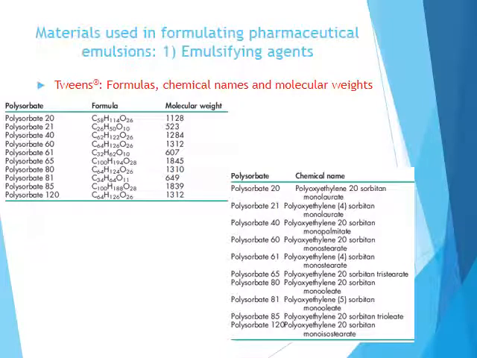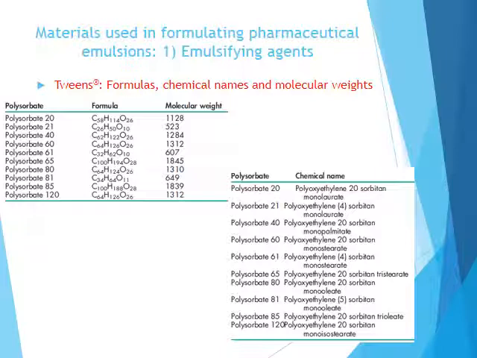This slide is showing two tables. The first table is the molecular formula and the molecular weight of the different polysorbates or tweens. So tween 80 or polysorbate 20 has the molecular formula of C58H114O26. The molecular weight is 1128 and so on.